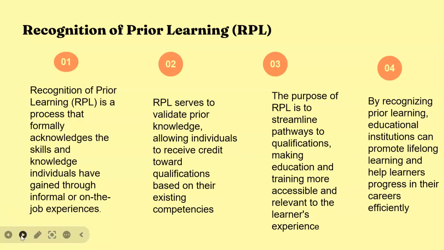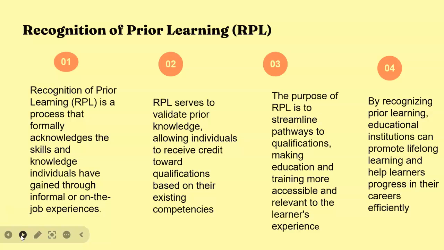Now, having looked at formative and summative, internal and external, we also have what we call recognition of prior learning. Recognition of prior learning is a process that formally acknowledges knowledge and skills of a trainee that have been gained through either informal or on-the-job experiences. It serves to validate prior knowledge and skills, allowing trainees to receive credit towards qualifications based on their existing competencies.